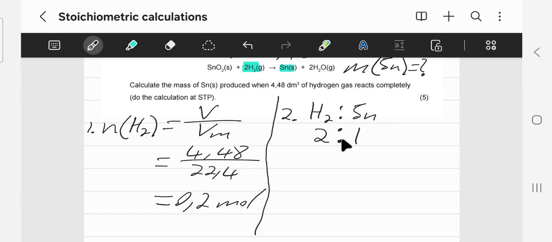And then after writing these coefficients, what are we going to write? We are going to write the number of moles of the two substances. We know that the number of moles of hydrogen is 0,2. We just found that value, right? The number of moles of hydrogen. What about tin? Well, in terms of tin, guys, we do not know the number of moles of tin.